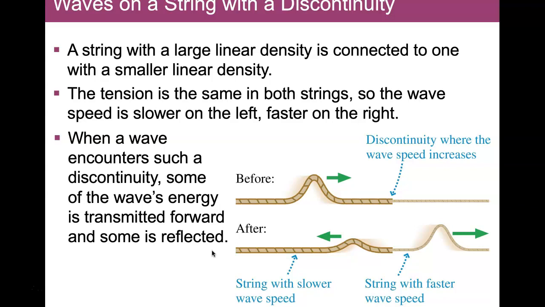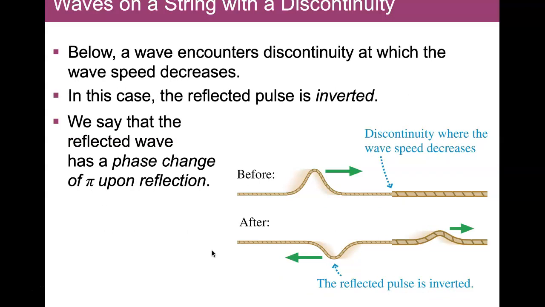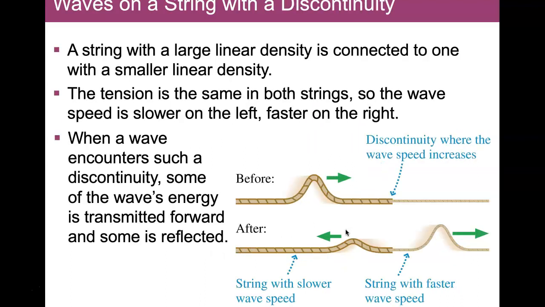Right. So there are two cases where we have to consider the reflections separately. So it turns out when the next medium, so the medium you're incident upon, has a higher speed, string with faster wave speed, which is the case if its density is lower, right?